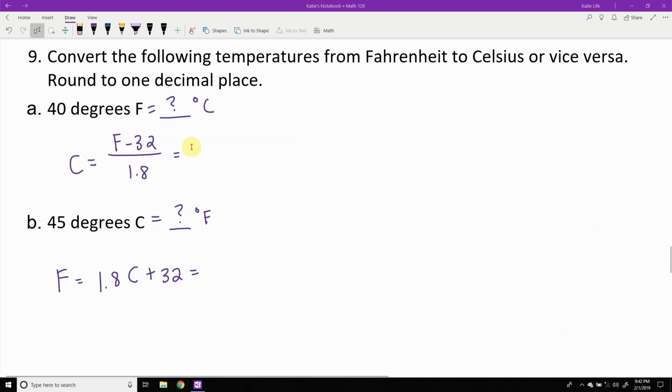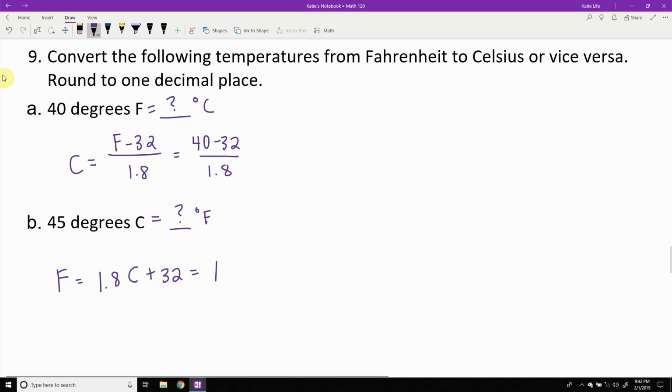So what's nice about these temperature conversion problems is that they're really just plug and chug type of problems. So the value F here, we're just going to plug in 40, and the value C, we're going to plug in 45. So we've got 40 minus 32 over 1.8. Order of operations says that we have to do this difference first before we divide.